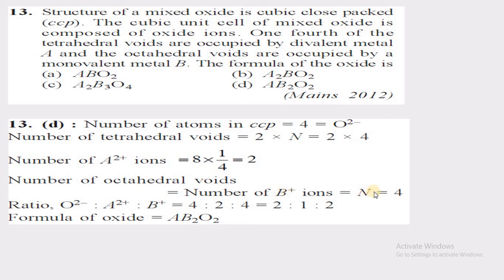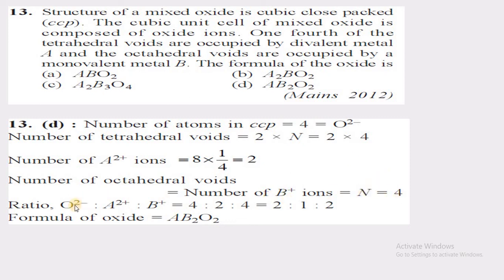B ions and is equal to 4, because it is mentioned that the octahedral voids are occupied by monovalent metal B, and octahedral voids are 4, and hence B plus ions are 4.